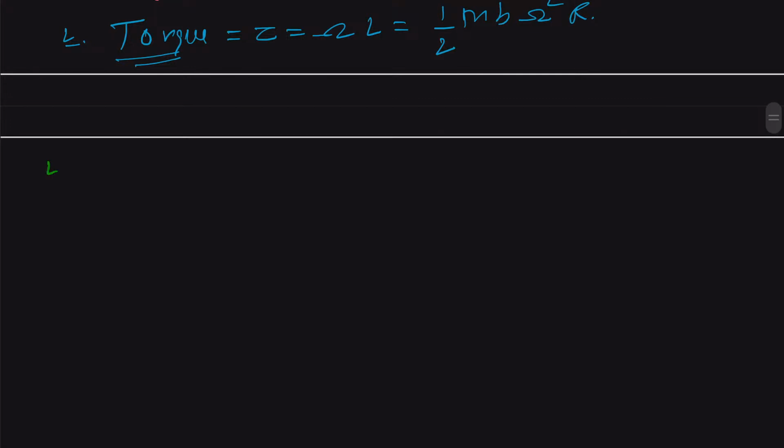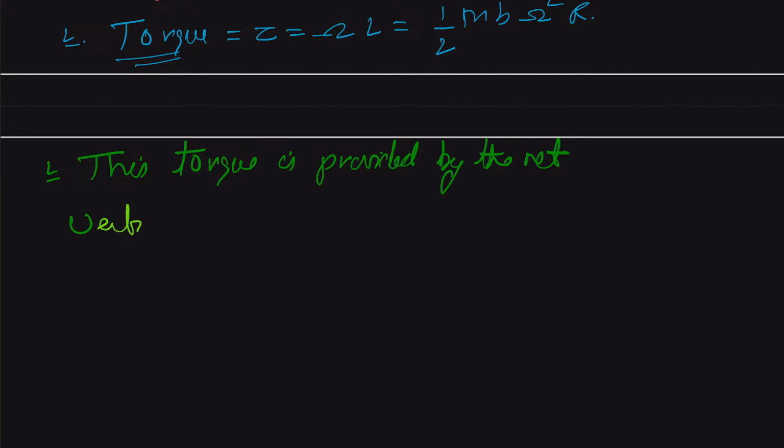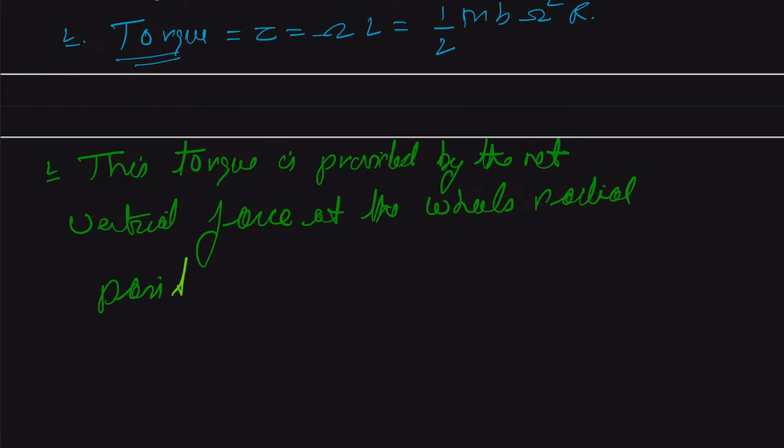So we can say that this torque is provided by the net vertical force at the wheel's radial position.